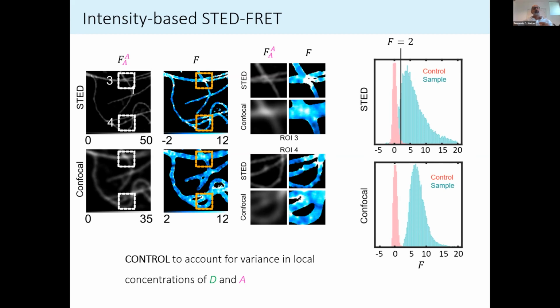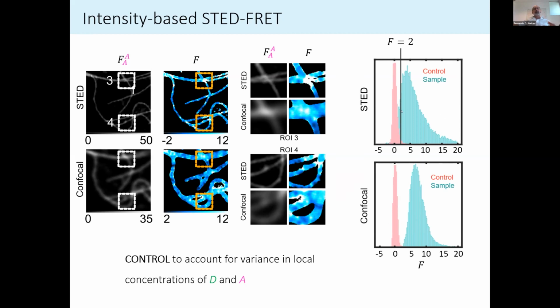performing a control measurement. That is this histogram here. This is the control measurement of a sample with no FRET. And you see that we detect values that are non-zero, of course, due to these fluctuations. But in a sample where FRET is occurring, you see here in blue, the distribution of FRET values is very different. And in confocal, these two are very well separated.